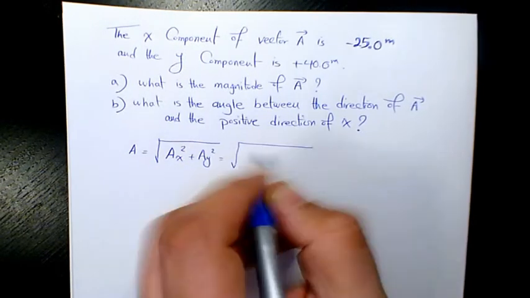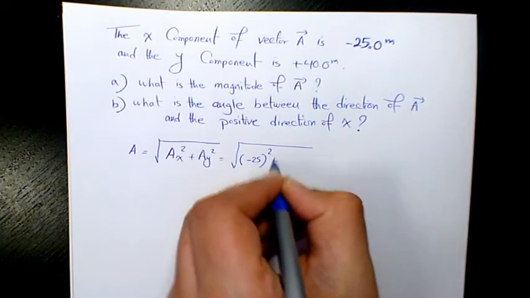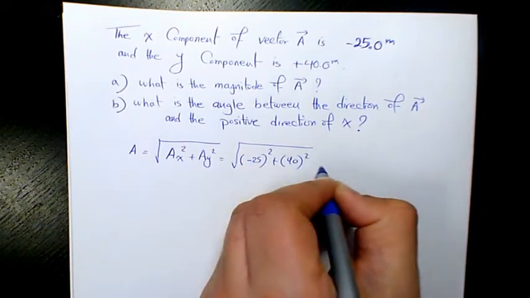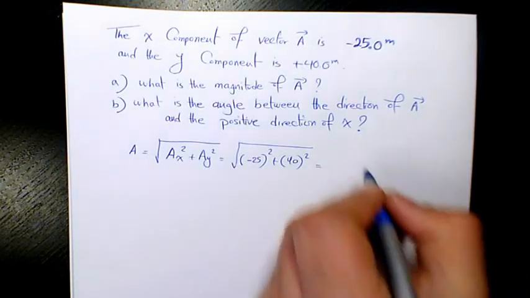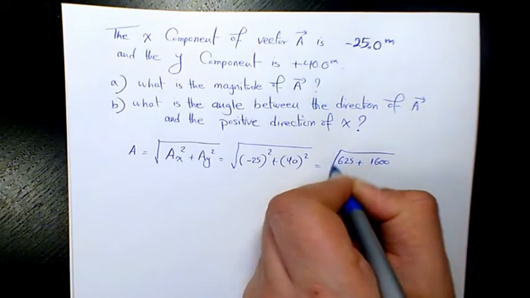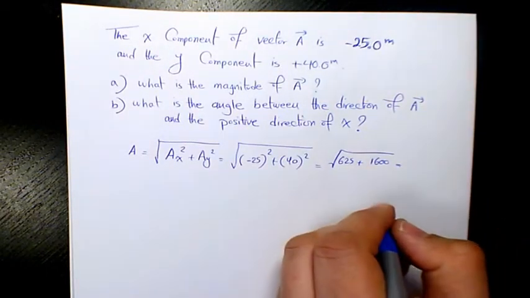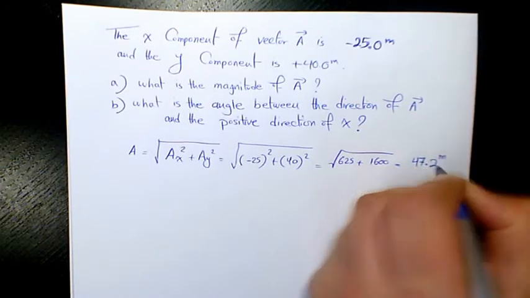So it's going to be square root of negative 25 squared plus 40 squared. Then that will be 625 plus 1600, and at the end it's going to be 47.2 meters roughly.